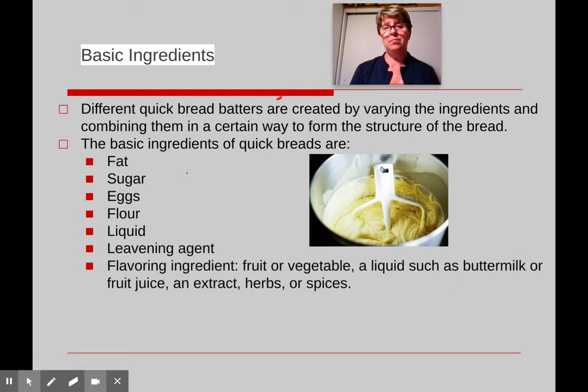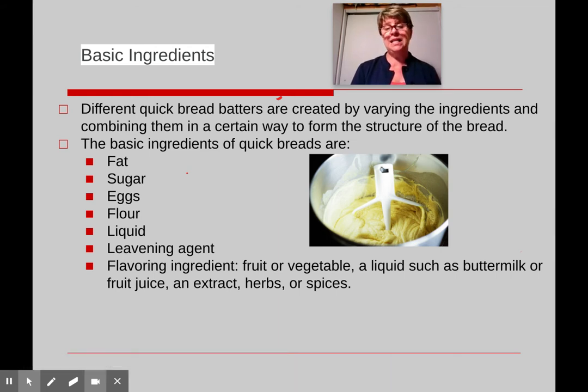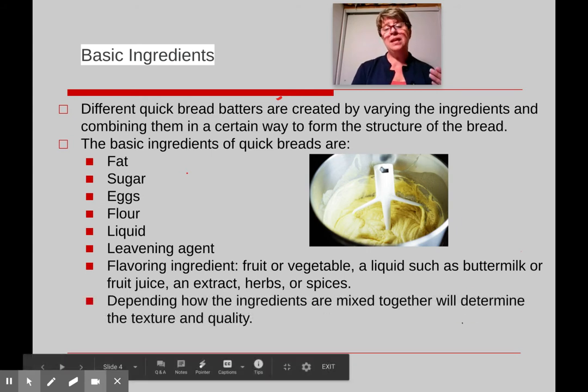Flavoring ingredients, like you might add some fruits or some vegetables, a liquid such as buttermilk or fruit juice, some type of extract like vanilla, or herbs like thyme, or a spice like cinnamon. And then, depending on how the ingredients are mixed, they will determine the texture and the quality of your quick breads.